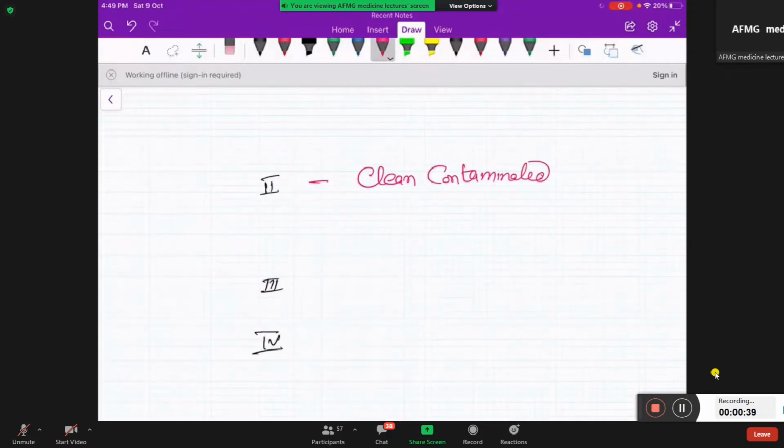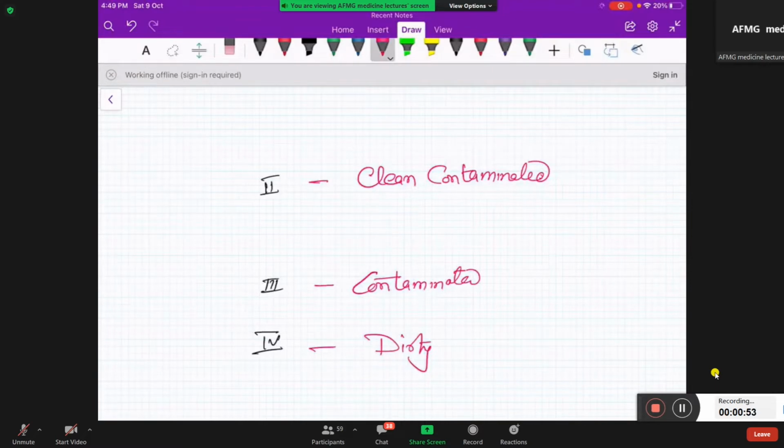Class 3 is called contaminated wound. And class 4 is dirty wound. Class 1 is clean. Class 2 is clean contaminated. Class 3 is contaminated. And class 4 is a dirty wound.